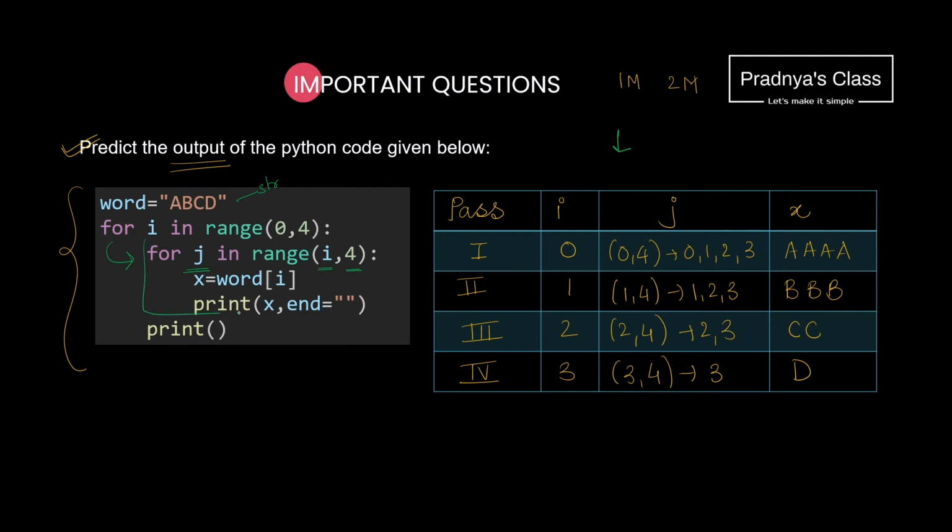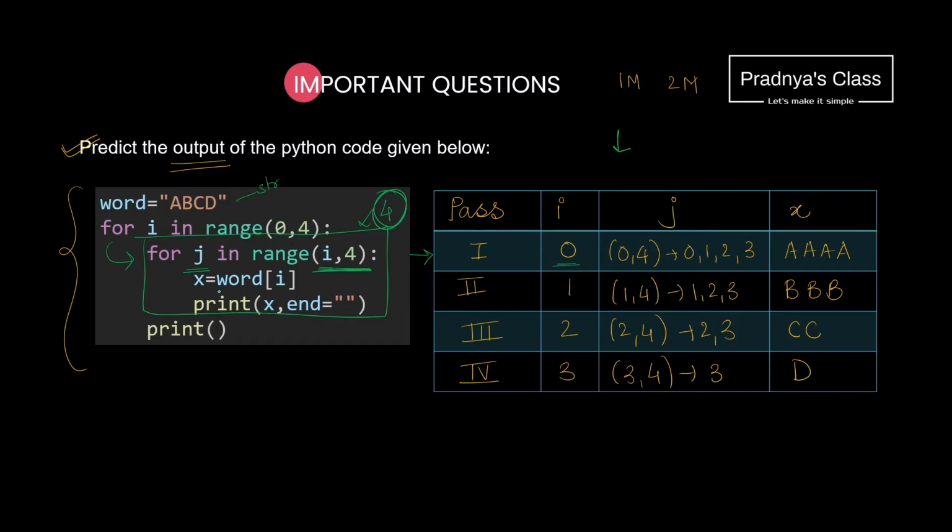You know the inner loop will get executed for its possible values. In the first pass, we know that the value of I is 0. Ultimately the value of J will be 0, 4. As the end limit is exclusive, it means the value of j will be 0, 1, 2 and 3. So the j loop will get executed 4 times.